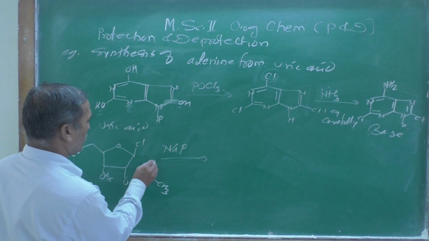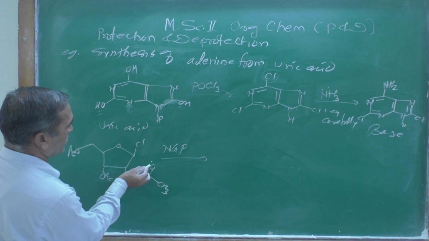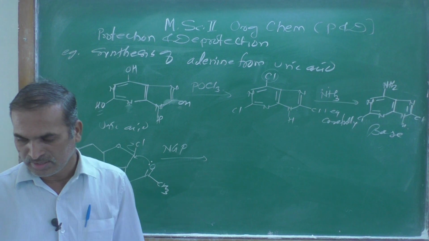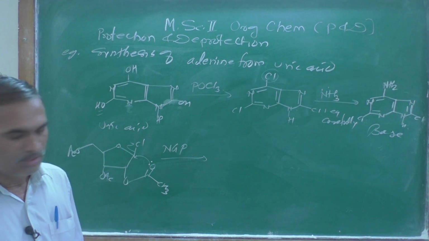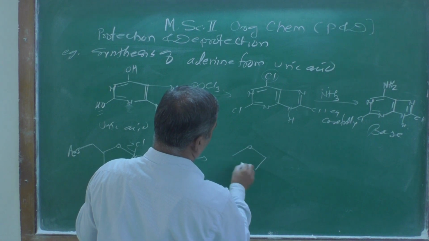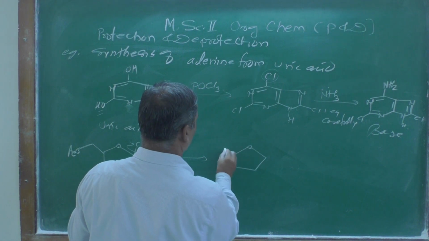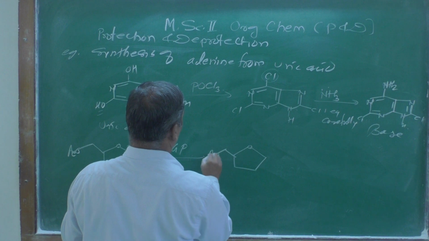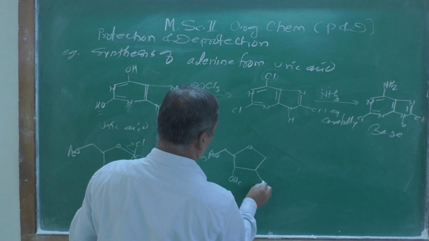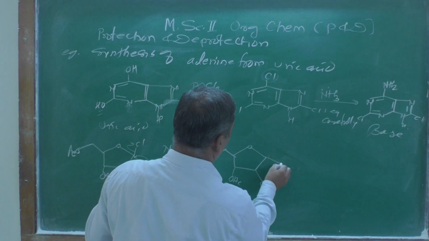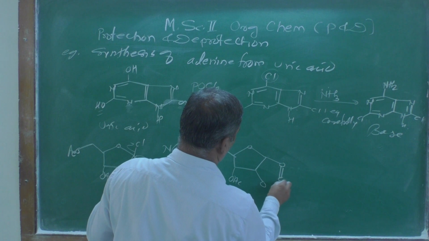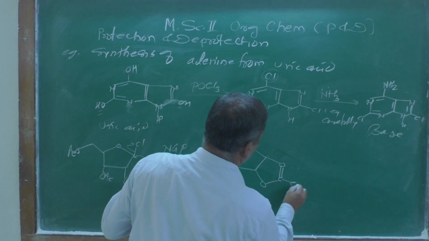The lone pair present on it attacks there, and Cl is the departing group. We get the product here, OAc, then OAc. Now look at this O, then this O double bond C, CH3.